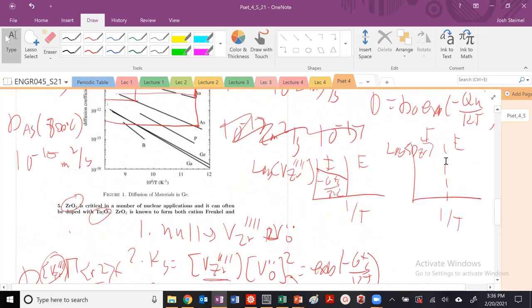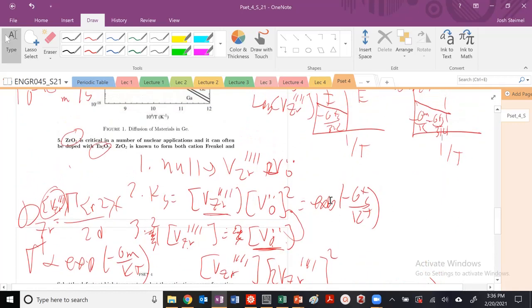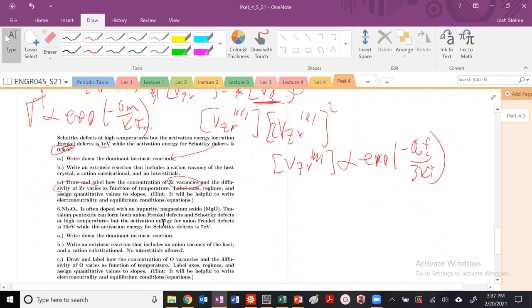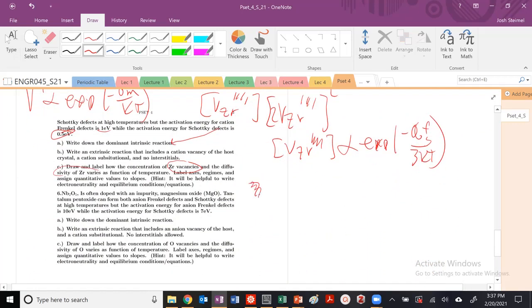So for the intrinsic regime, our diffusivity has a slope of minus G_m divided by k minus G formation of Schottky over 3k. Now, for our extrinsic reaction, we know that our host is ZrO2, with Ta2O5 going into ZrO2.